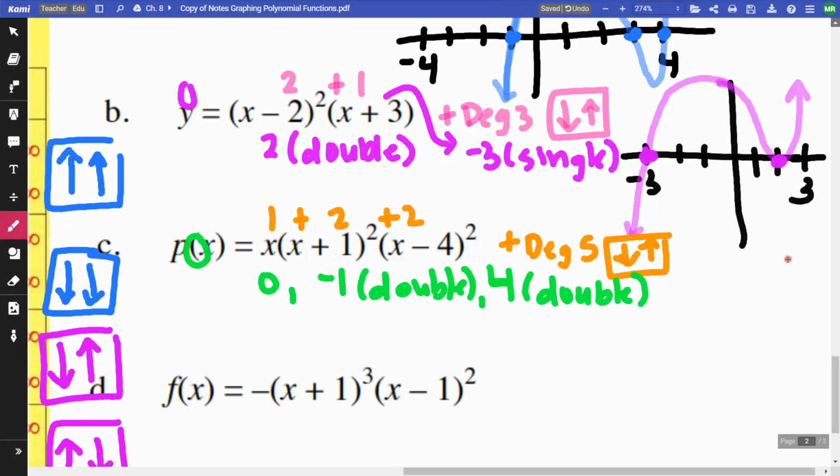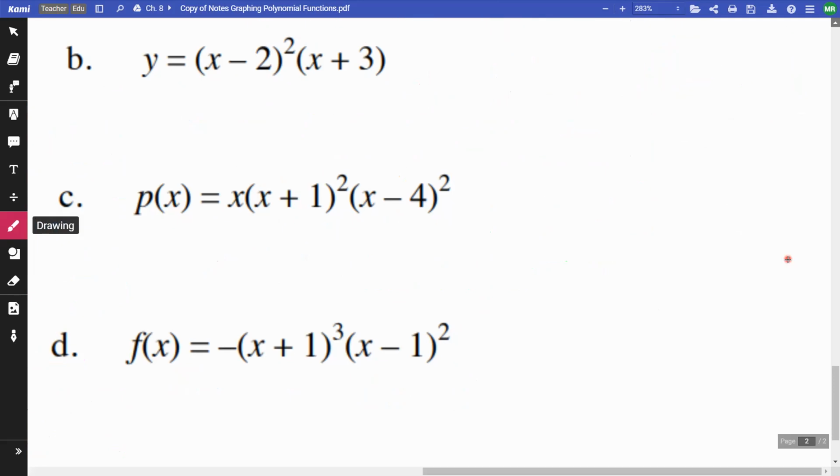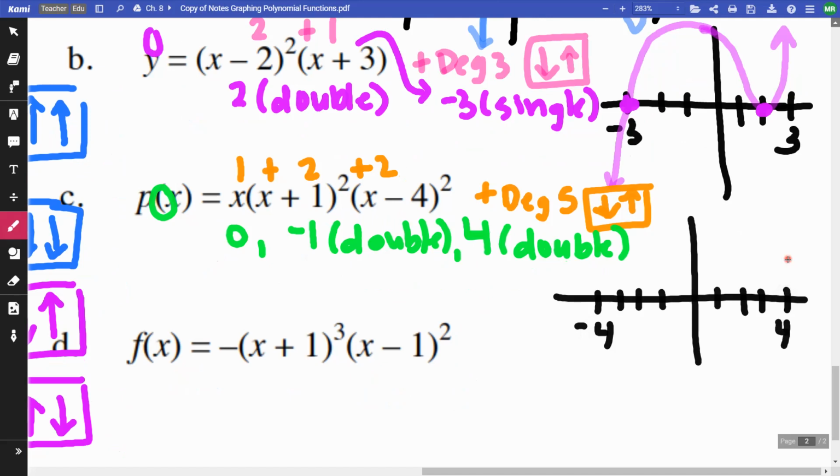So what's happening here is, the end behavior is like the one above. So let me just get this 1, 2, 3, 4. 1, 2, 3, 4. Okay. And I have at 0, and I have at -1, and I have at 4.